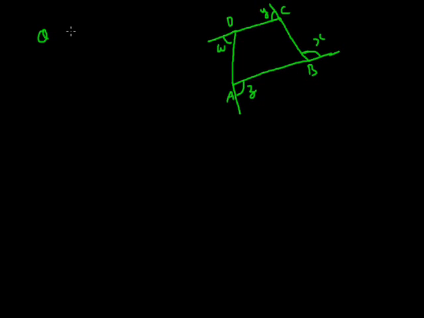So in this question we have to find the sum of x plus y plus w plus z. What should be the sum of x plus y plus w plus z? So let's see the solution of it.